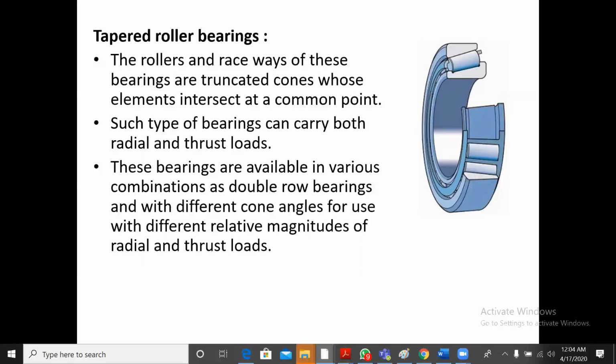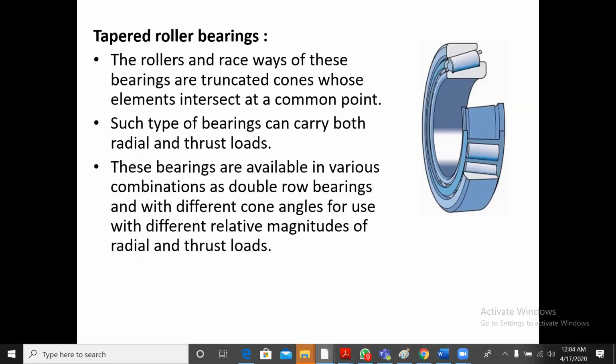The taper given to the inner race and the outer race, the cone angle, depends upon how much larger the axial load is, or you can say the ratio of radial to axial load. The higher the axial load, the higher the inclination will be. The lesser the axial load, the lesser the inclination will be.